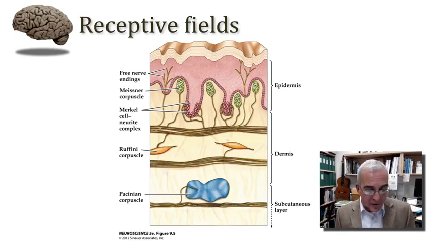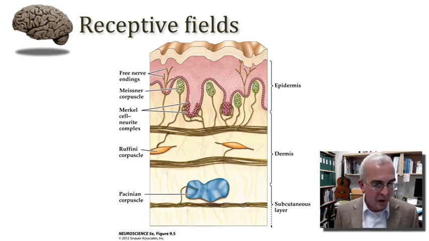So at the level of the cortex, we see more of a direct relationship between receptive field size and the degree of convergence. The more there is convergence, the larger we would expect to see the receptive field.